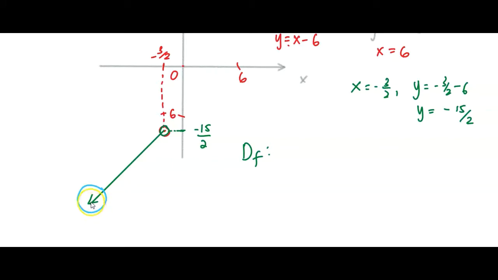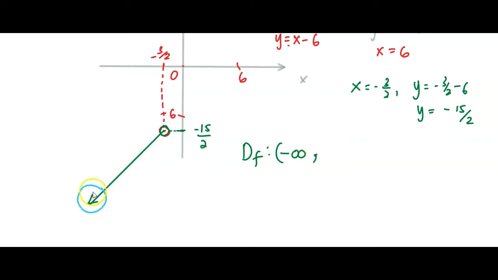So what is the value of x that can represent this point? Since the graph is going to the left indefinitely, the domain will start from negative infinity. Or you can just interpret that this point is going to the left non-stop. So the x value that can best represent it is negative infinity.